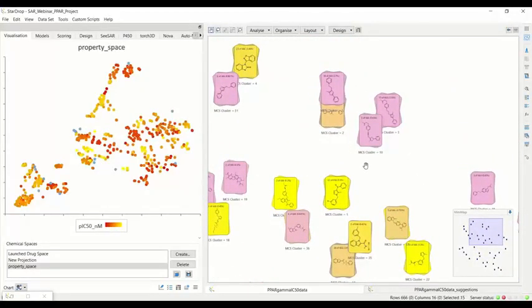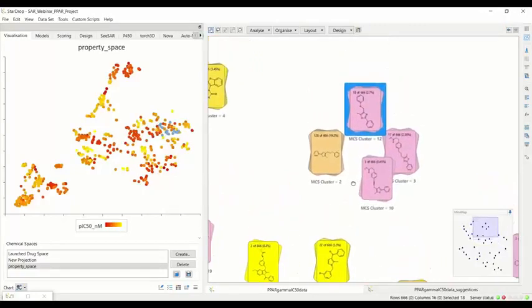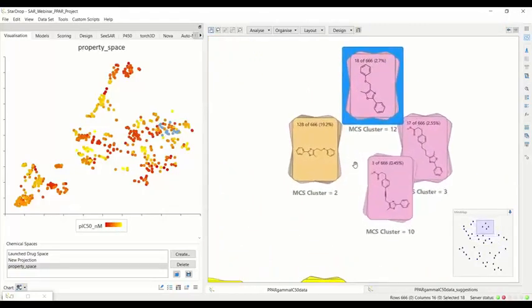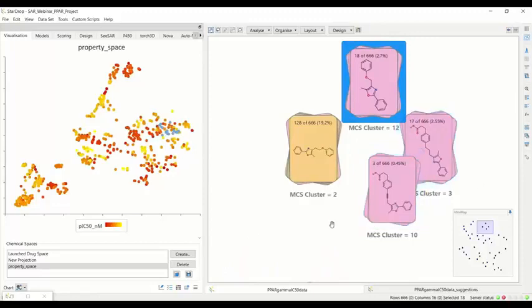Again, the colors on the cards are representative of the activities underlying the stacks. And if I just focus in a little bit on this set, you can see that what we have here is a sort of consistent phenyl oxazole unit. And this is sort of illustrative of something that Matt was talking about.